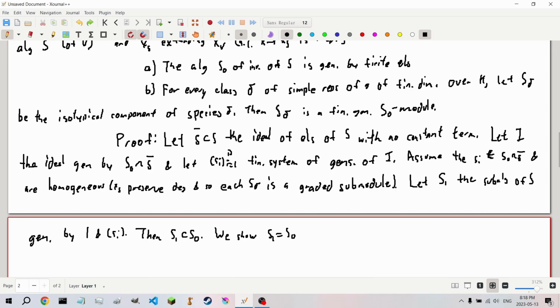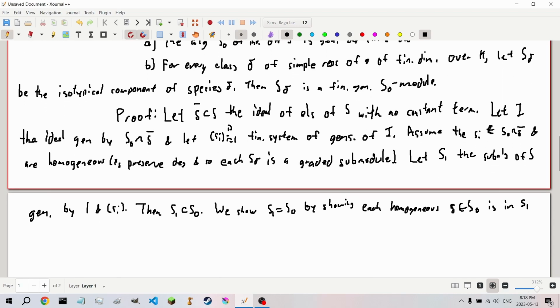And we do this by showing each homogeneous s in S0 is in S1 by induction on N, which is the degree of s.